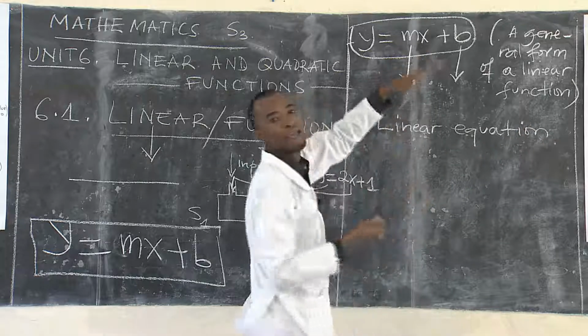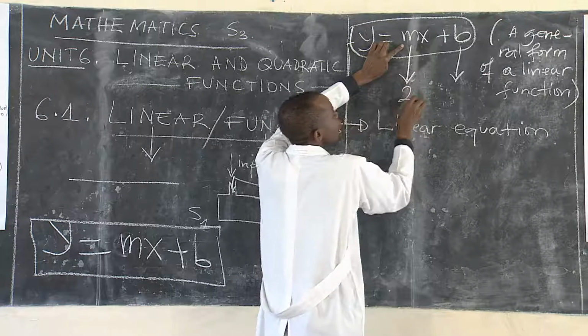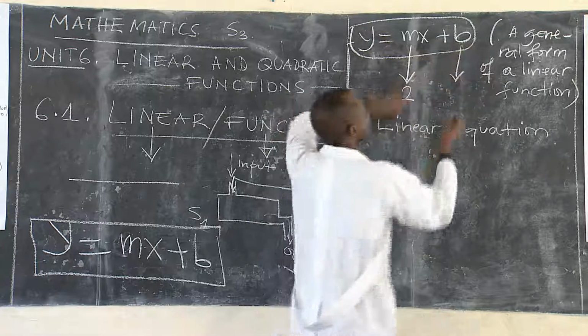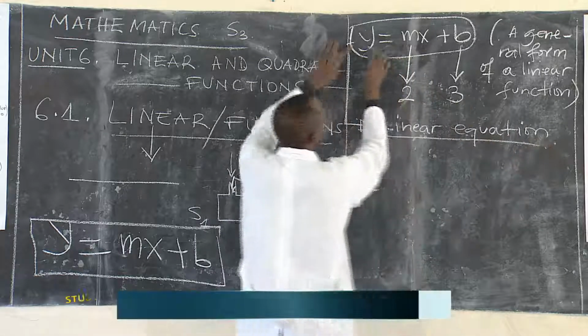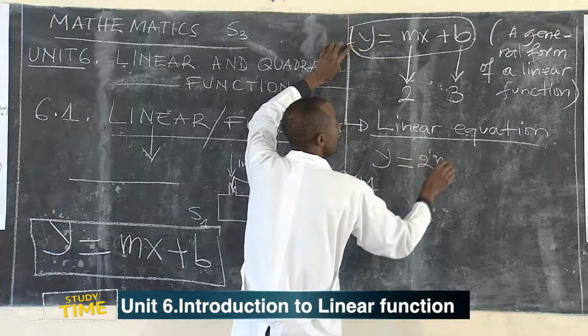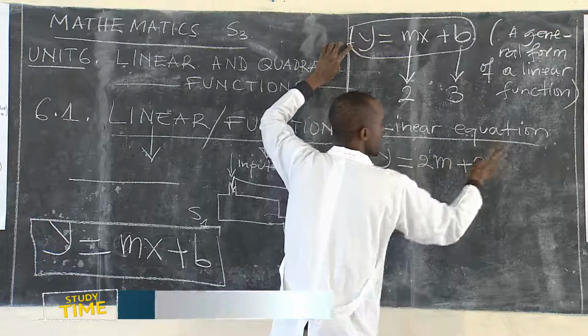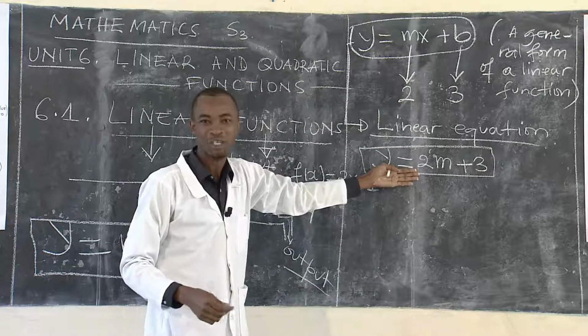For example, if I give m the value of 2 and I give b the value of 3, of course, I will get y = 2x + 3. And from here, I call it a linear equation.